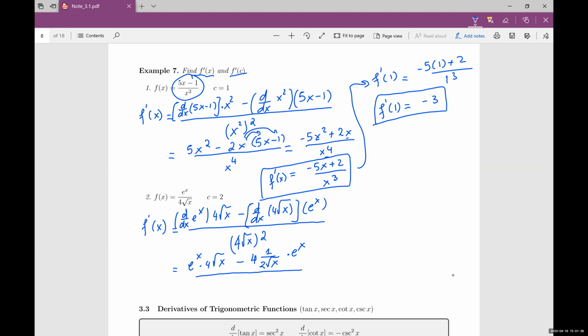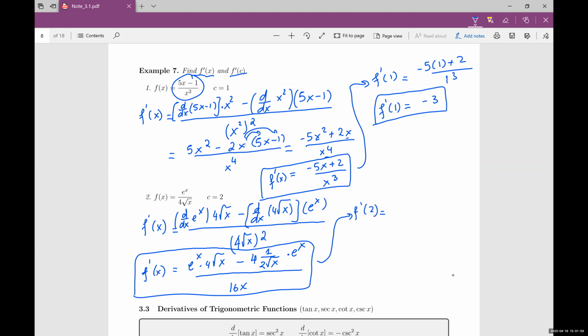So you have to multiply. Take 4 raised to 2, which is 16, and the square root of x squared is just x. All right, so this is the derivative of the function using the quotient rule. And again, if you want to find f prime of 2, you should plug 2 into all the x's.